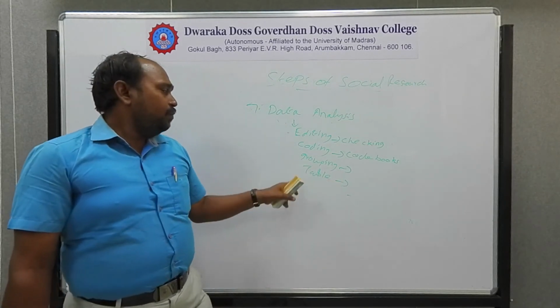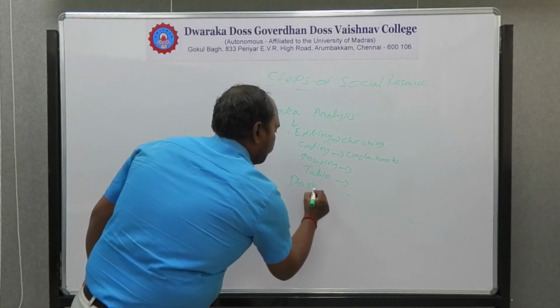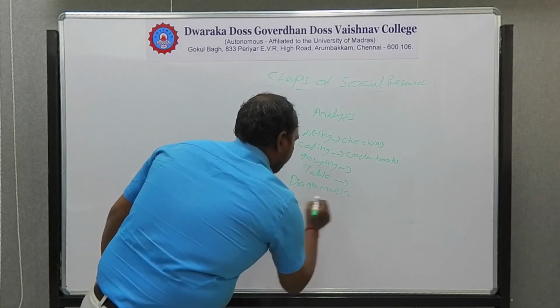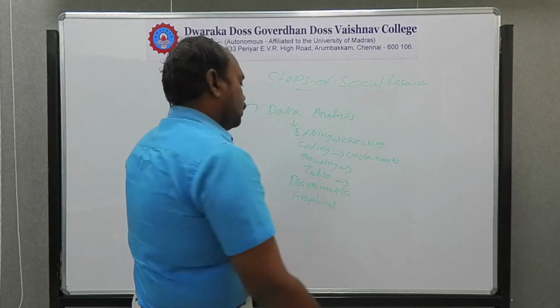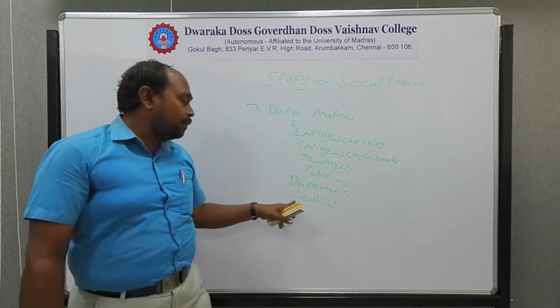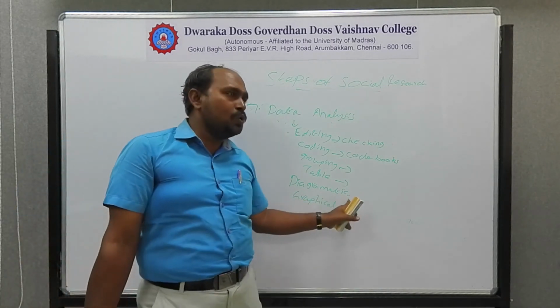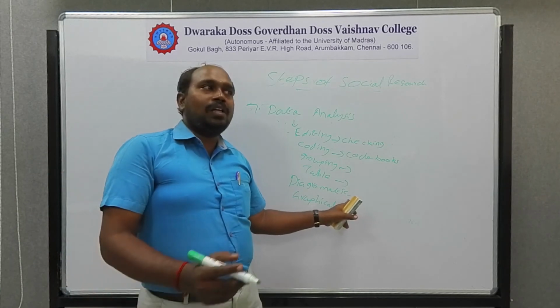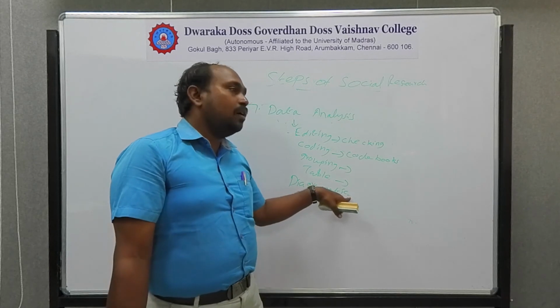And we can analyze this through diagrammatic representation and graphical representation. These two, diagrammatic representation and graphical representation, will help the layman to know what your findings are. It is easy to understand the research findings.